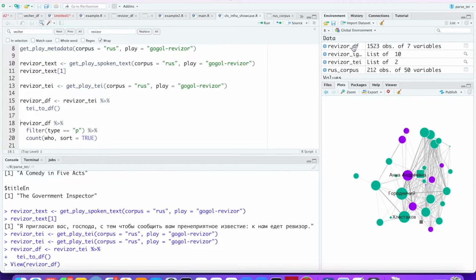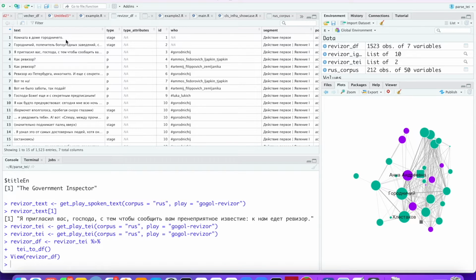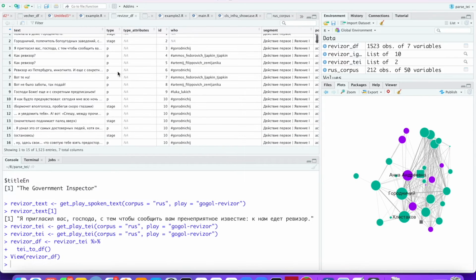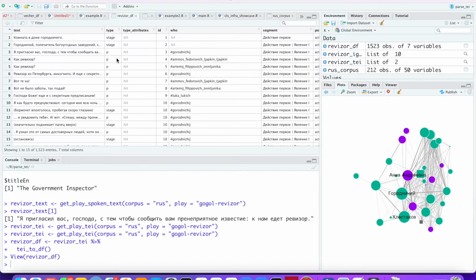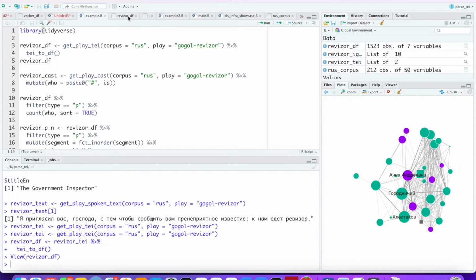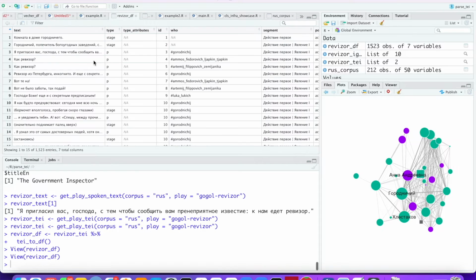Let's have a look. So each row is one line. Here you can find a type for a line. It's a paragraph, or it's a line, or it's a stage direction. Perfect. So let's have a look at what you can find in this data frame. Every row is one line.